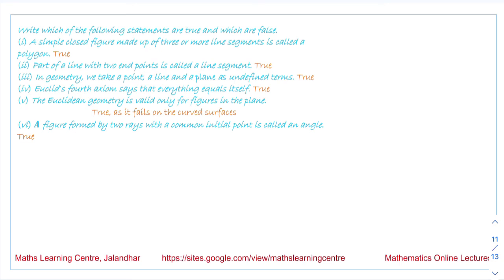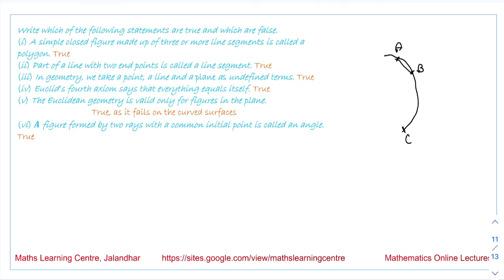As we have seen earlier also, suppose it is a curved surface we are talking about, and we are saying that these 2 points A and B are there, and another point, suppose this point C is there. So if we are talking about the straight line, you cannot draw the straight line over here.